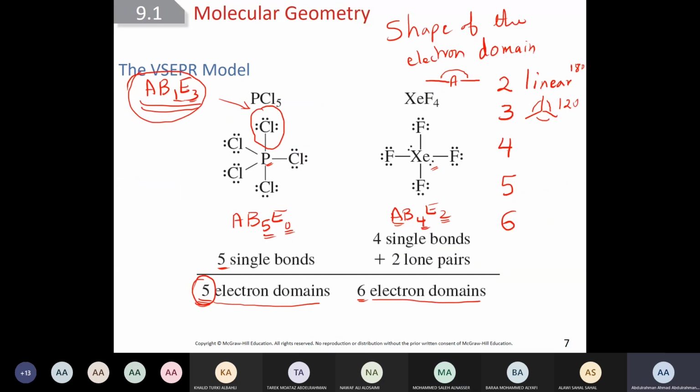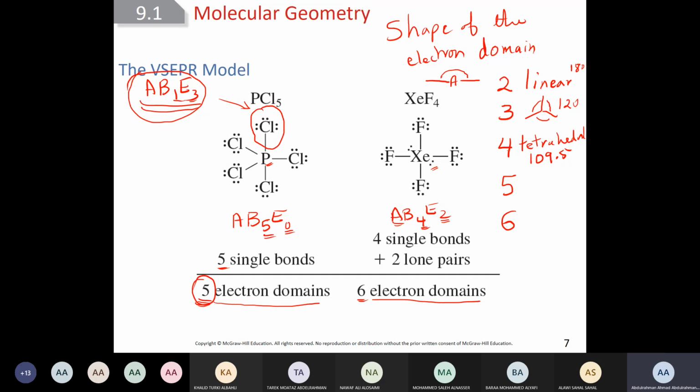Let's go back. If we have 4, we have another shape. I'll show you the shape, but this is called tetrahedral. You have to memorize the name very well. What's the name? Tetrahedral. Say it one more time. And the angle here is 109.5.